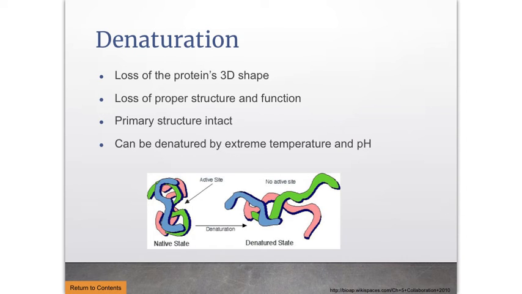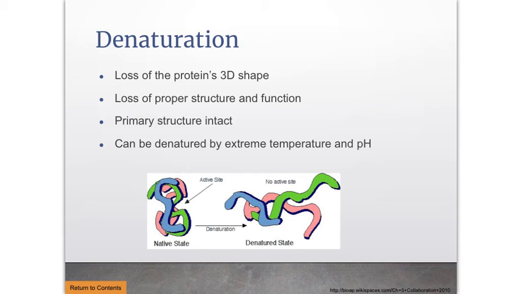Denaturation, we talked a little bit about this back when we talked about beets, right? The beetroots, and how increasing the temperature of the beetroots will lead to more leaky cells because you're basically denaturing the protein channel's shape so that the gate becomes non-functional, right?